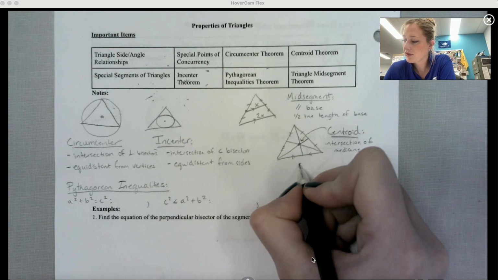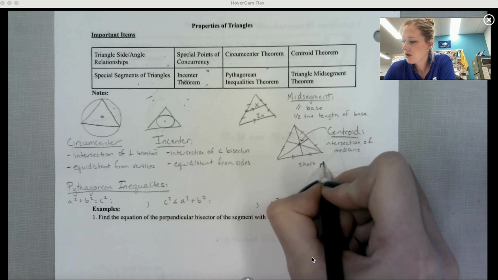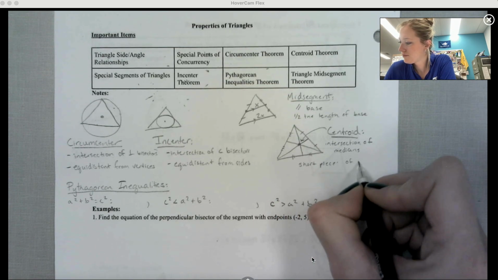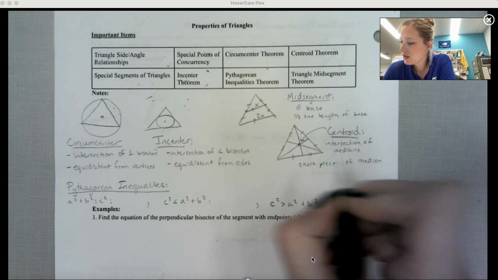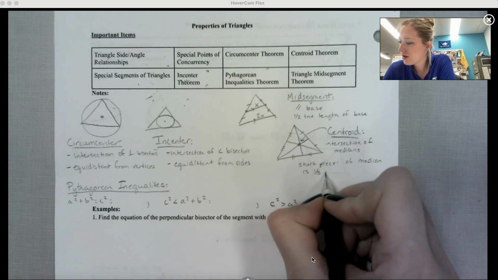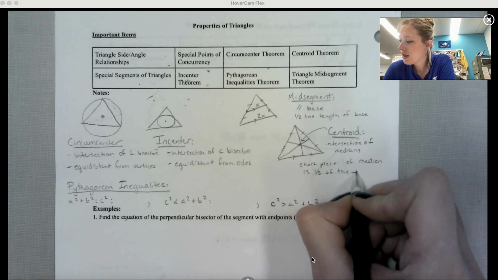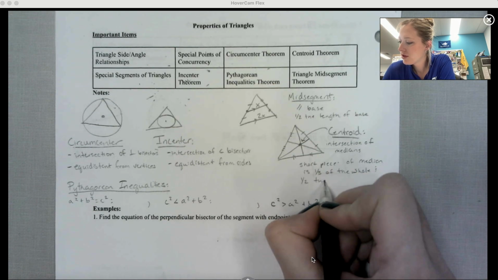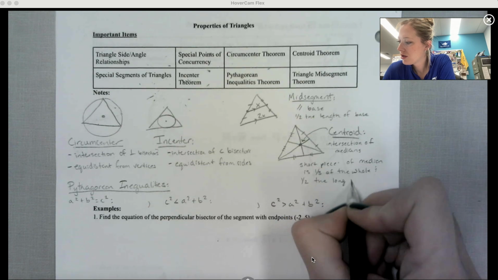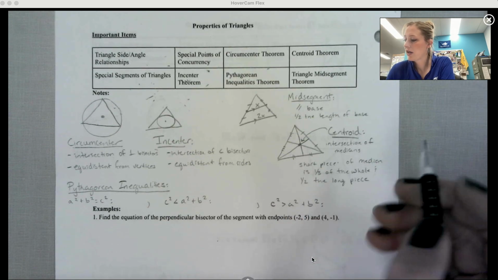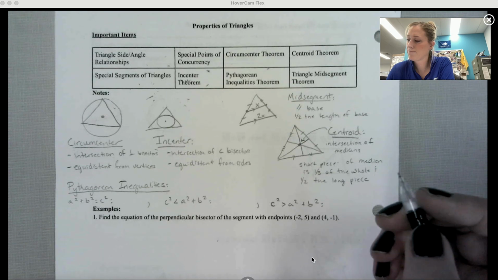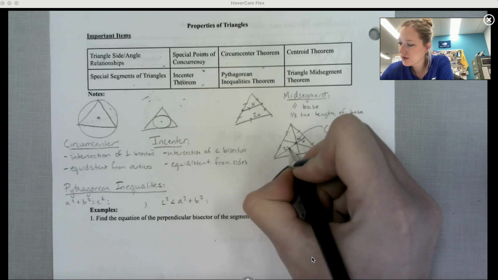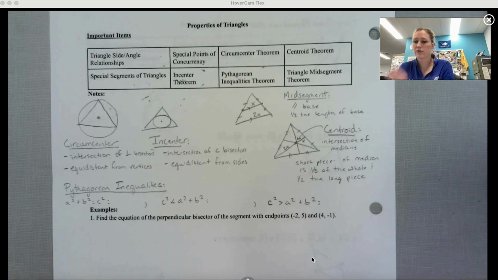The short piece of the median is a third of the whole and half the long piece. So if this is x, this is 2x, and all together would be 3x.